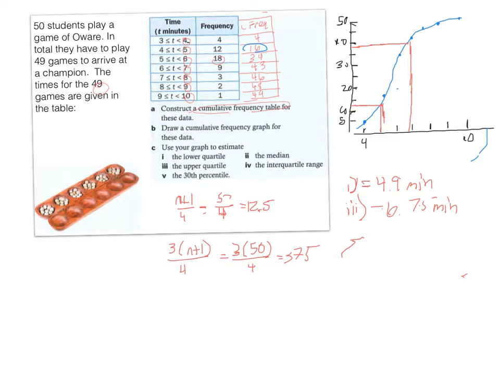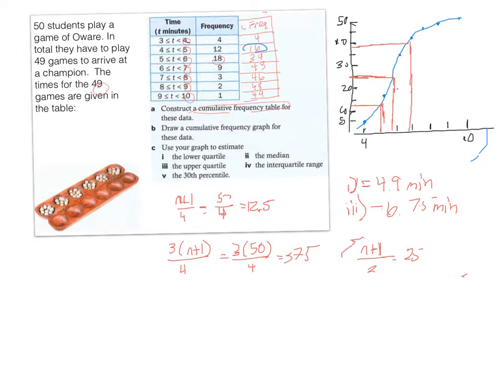Now I look for the median, and the median should be 50% or half. So the median will be n plus 1 over 2. So 50 over 2, which will be 25. So I look for the 25th number. So 25 should be right about there, and straight down, more or less.